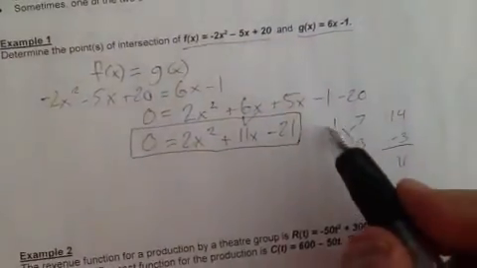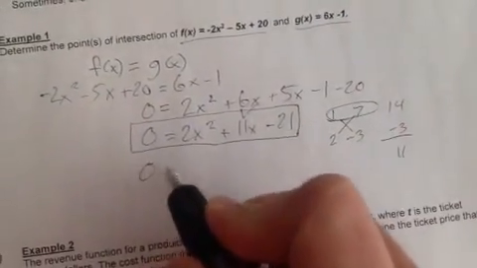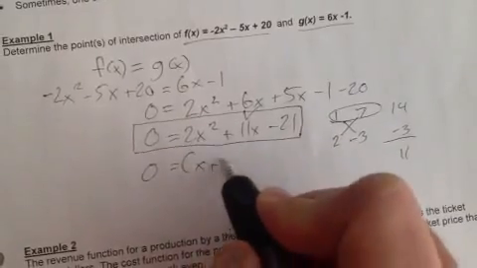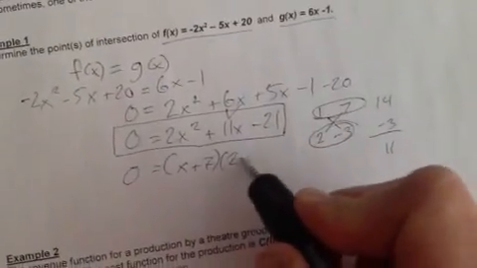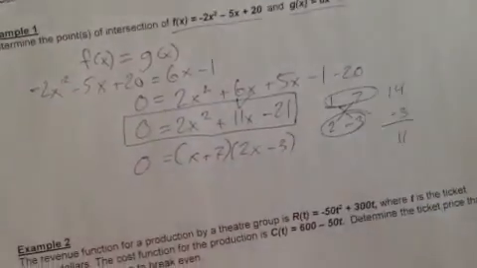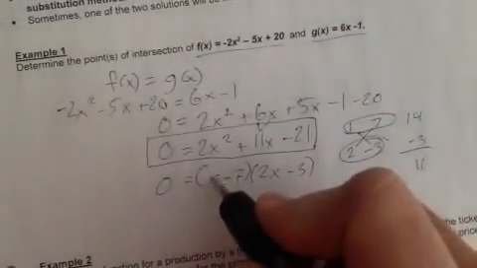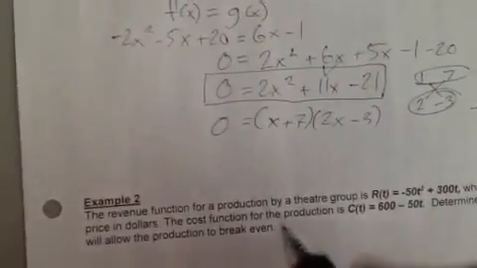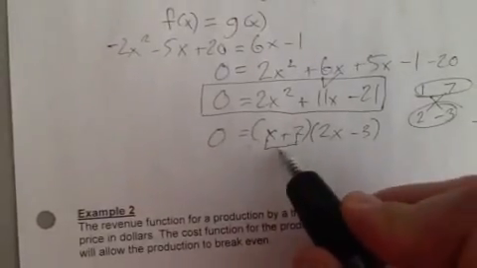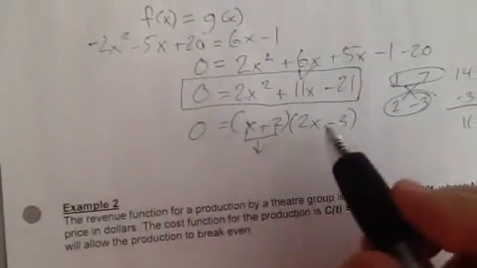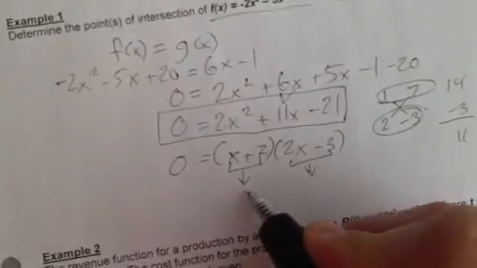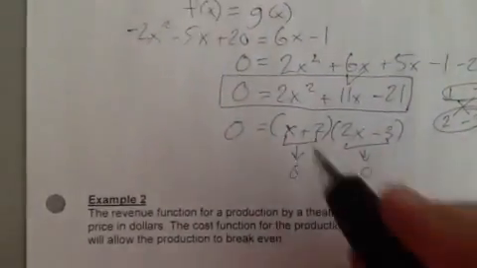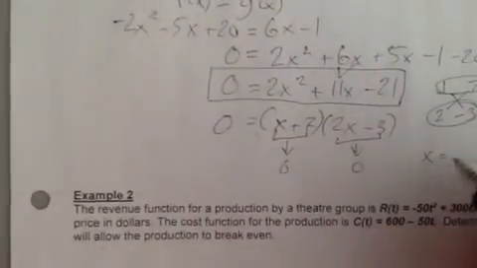So now reading straight across, the first factor will be x plus 7, and the second factor will be 2x minus 3. Of course, you can use decomposition to figure out these numbers here. And then this equals 0. That means if this bracket times this bracket is equal to 0, you have to solve for when this factor is 0 or this factor is 0.